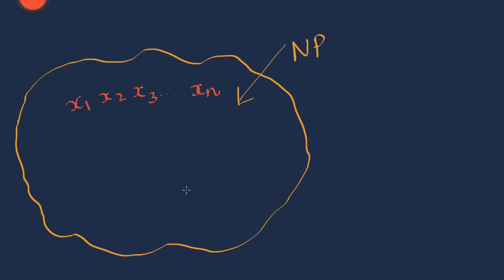Okay, how do we prove that a problem A is NP complete? We can prove that A is NP complete by picking any problem that is already proven to be NP complete.